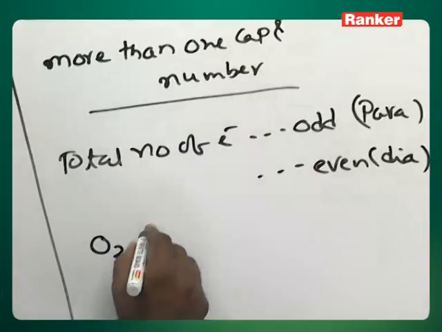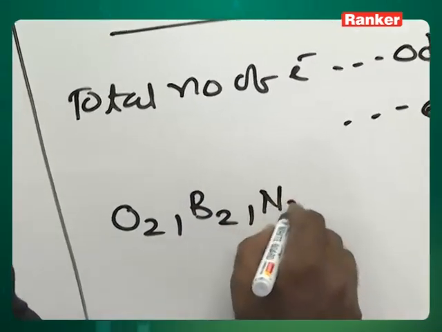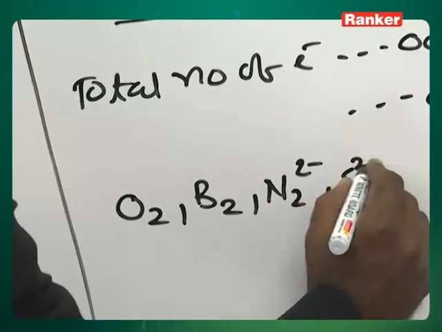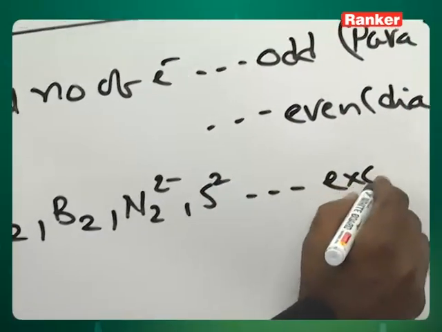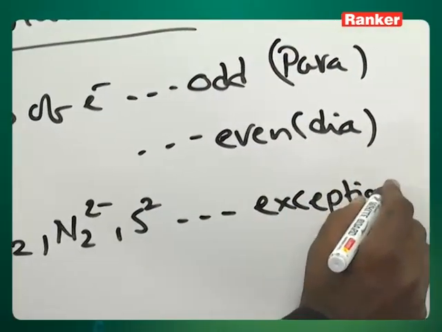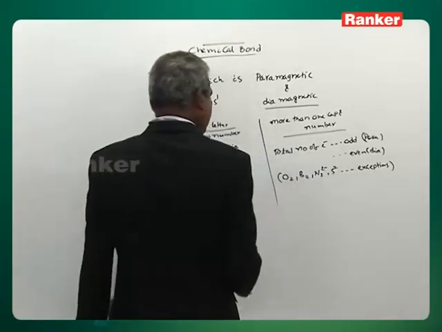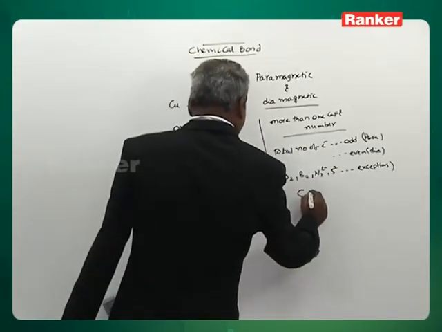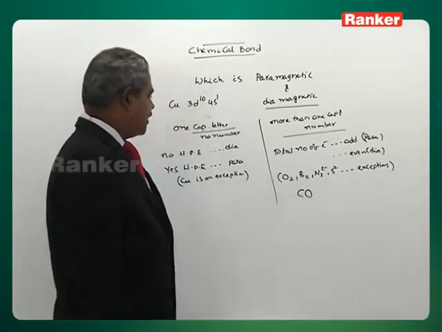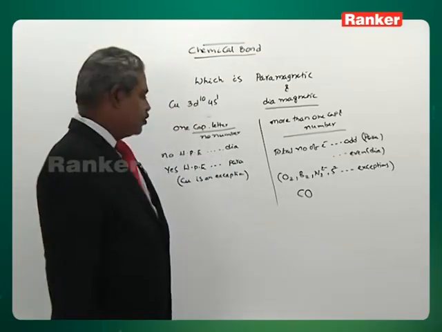O2, B2, N2 2 minus, and S2 are exceptions. Let us see what we mean by that. CO, carbon monoxide, is it paramagnetic or diamagnetic? You just count the total number of electrons.